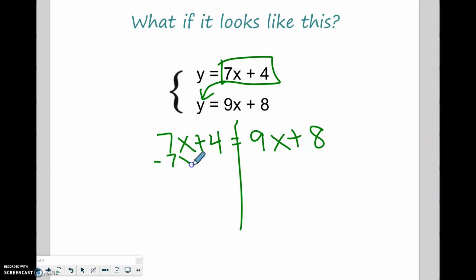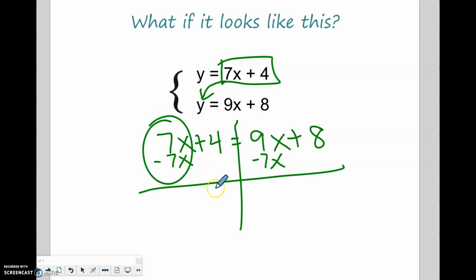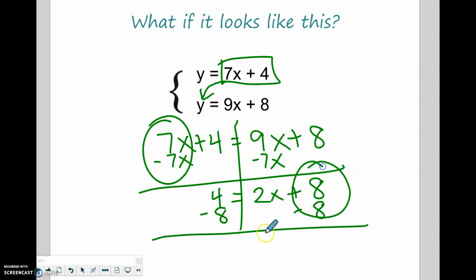So now I just solve it where I'm solving for x. I'm going to get x on the same side by subtracting the x's there. So I get 4 equals 2x plus 8. I'm going to subtract 8 from both sides, and I get 2x equals negative 4, divided by 2. x is negative 2. So I know x is negative 2.